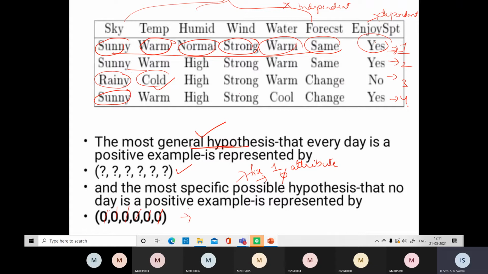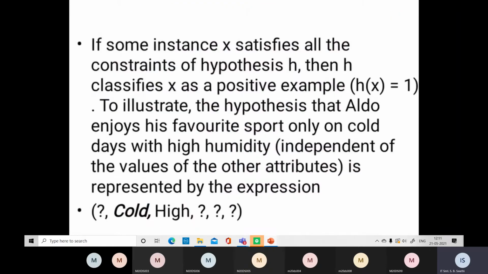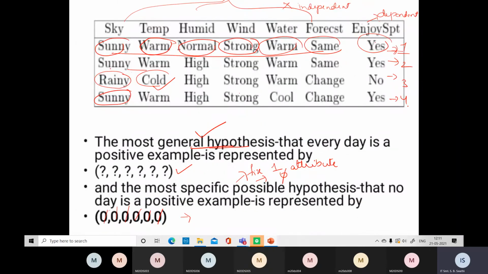So this is also a type of specific hypothesis. So the total attributes we can give for any training data are the set of attributes given as inputs. Along with this, you can also give two more attributes for each column, one question mark and one null. These are two additional attributes which can be added by default to any training data set.